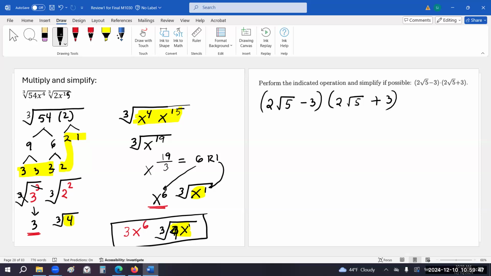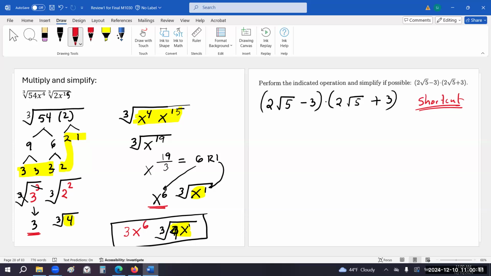It is multiply, right? Between them here is multiplication, so obviously you're going to multiply. And you have 2 choices. Either you multiply using FOIL, or there is a shortcut.